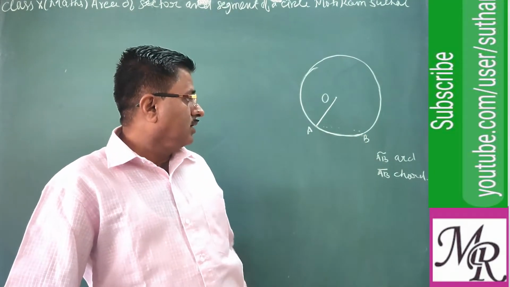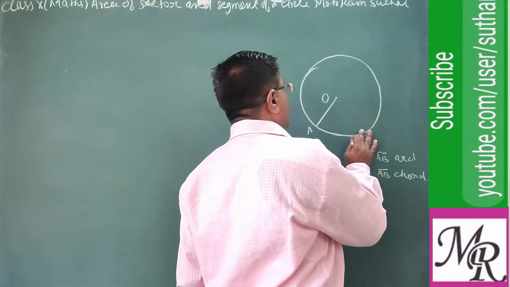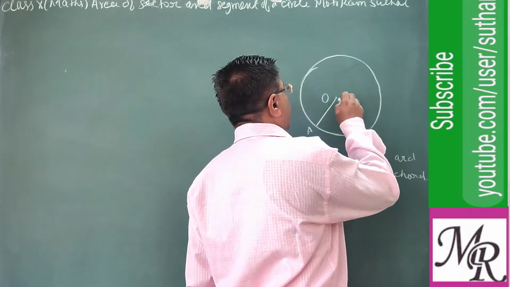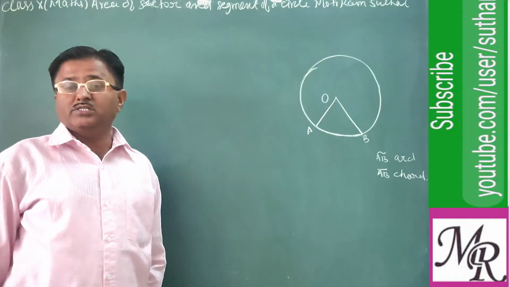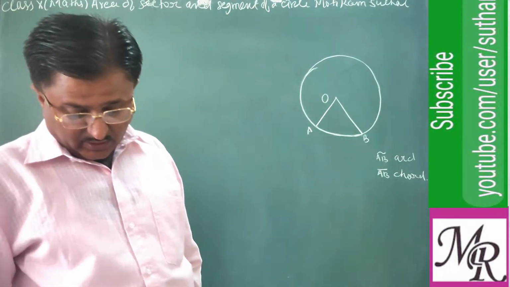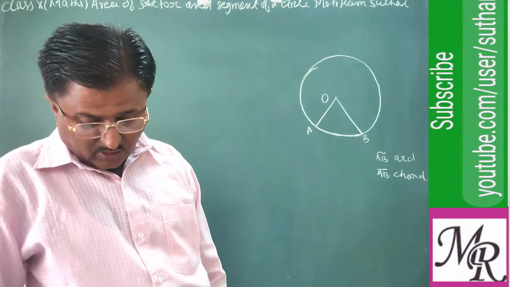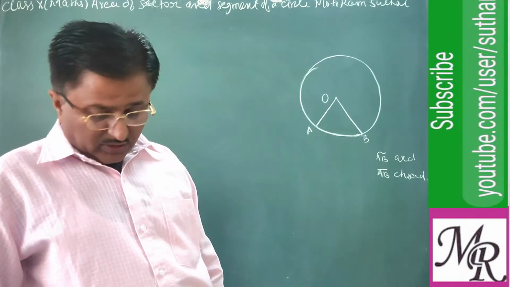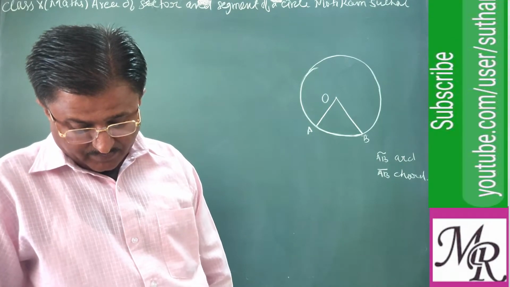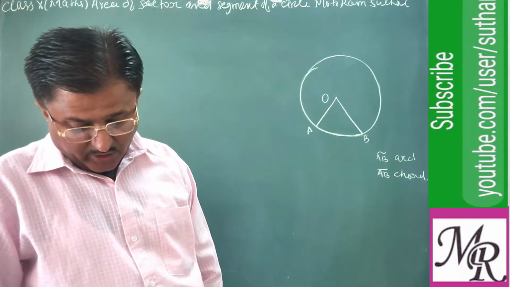Clear? Now suppose we join this point B to the center. Then we have a region that is the portion of the circle enclosed between the two radii and the corresponding arc.